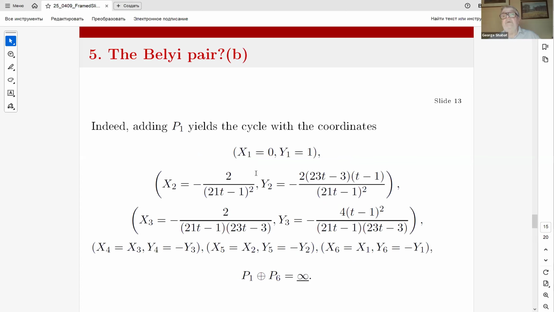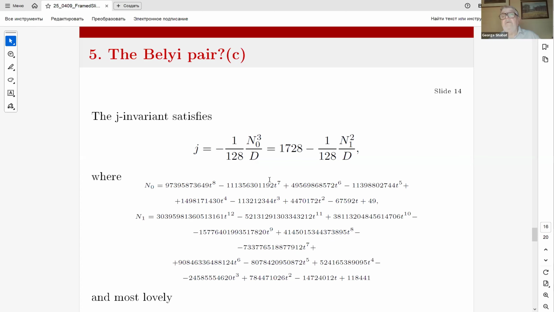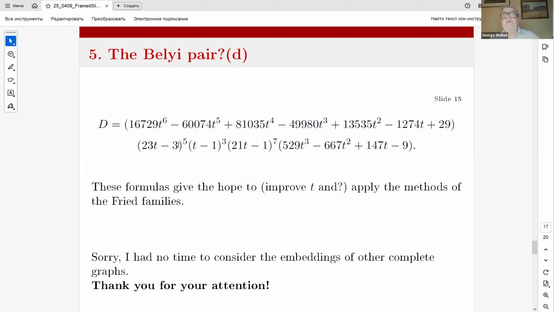But as for the denominator, there is some sign of the, well, correct direction. So here is the denominator. First of all, it is factorized, and there is some nasty polynomial that for the time being has no meaning for me.